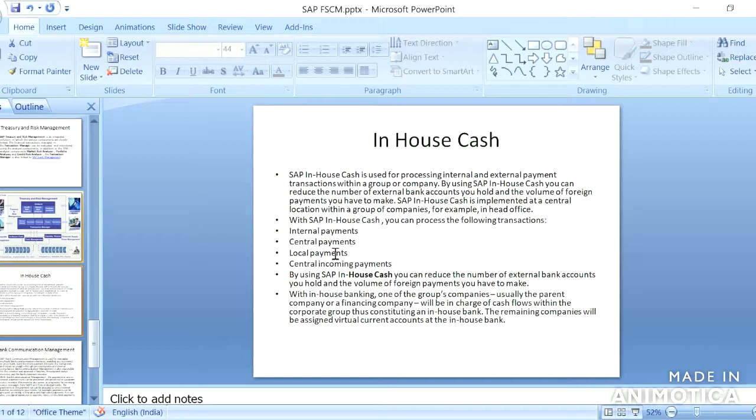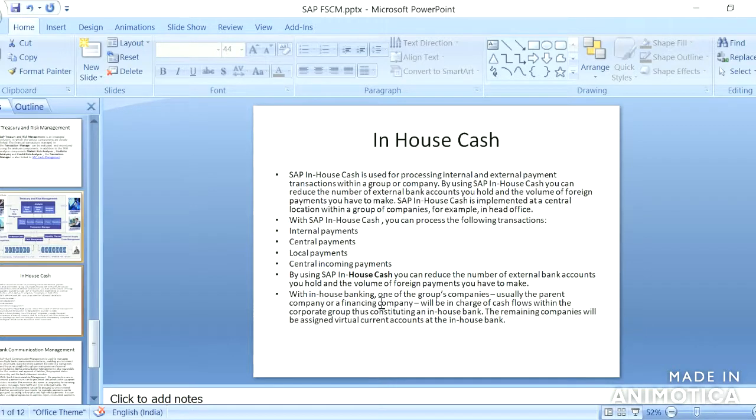So they can reduce the transactions and also the foreign payments they have to make. You can reduce the external bank accounts you hold and the volume of foreign payments you have to make.